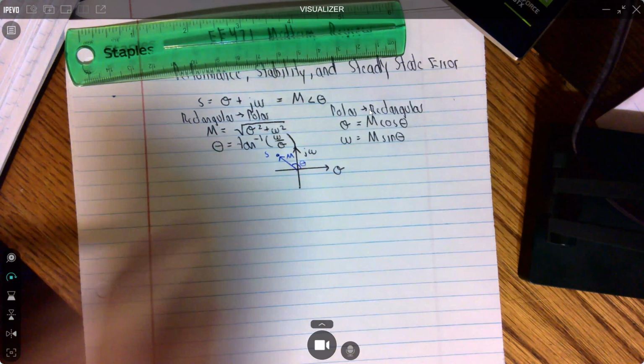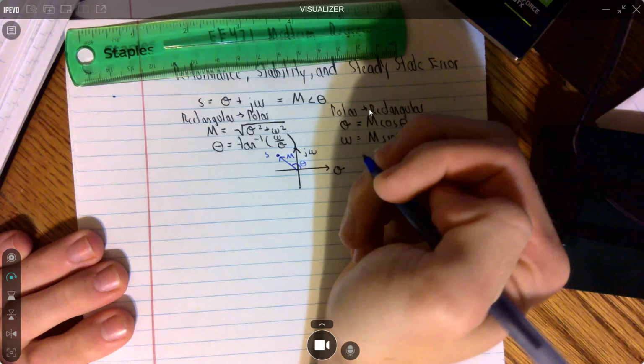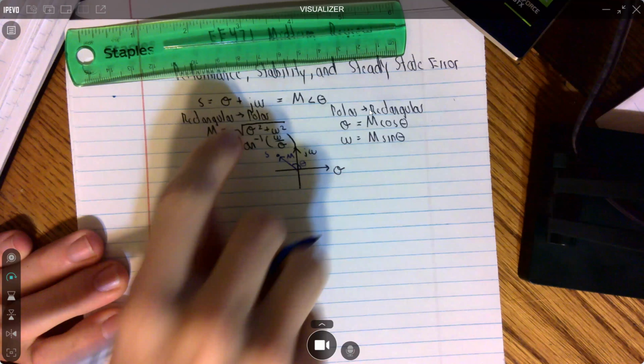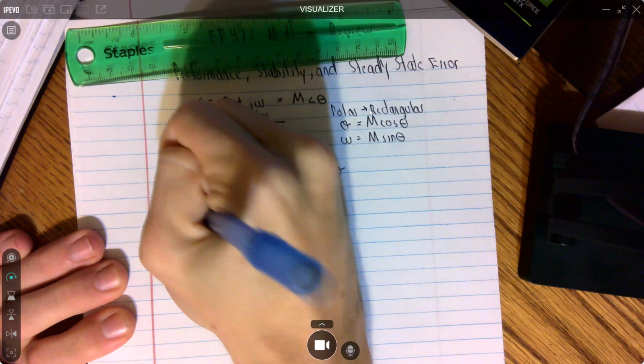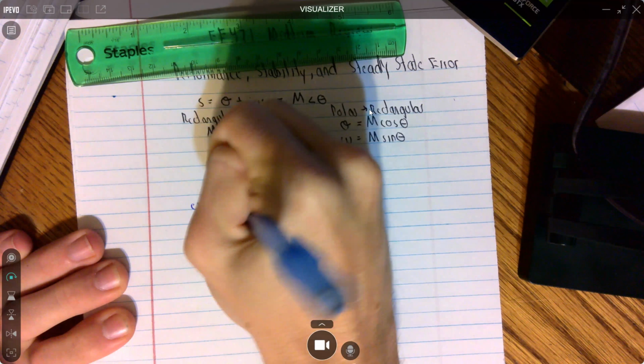Now some examples of our rectangular format, also known as Cartesian. If we have 1 + 1j, this is in Cartesian form.